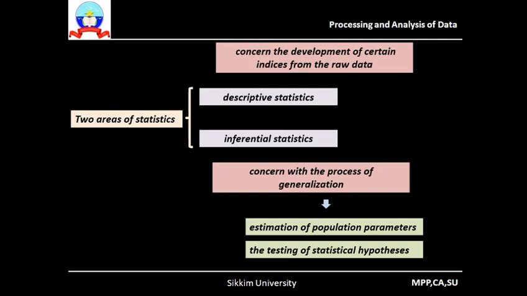Descriptive statistics concerns with development of certain indices from the raw data, whereas inferential statistics concerns with the process of generalization. So depending on the need of the hour, either descriptive statistics or inferential statistics may be pursued.